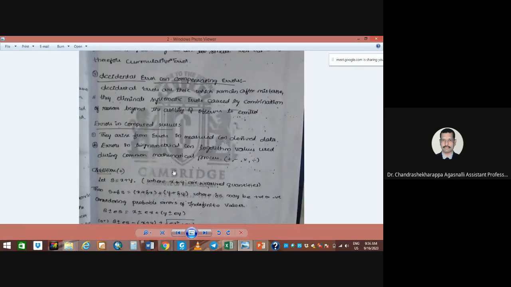These are the errors in trigonometrical and logarithmic values, which are used during common mathematical processes. In trigonometry and logarithms, we use addition, subtraction, multiplication, division and powers.